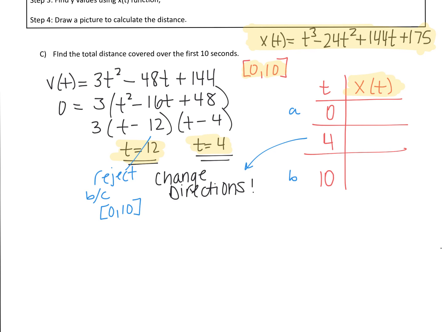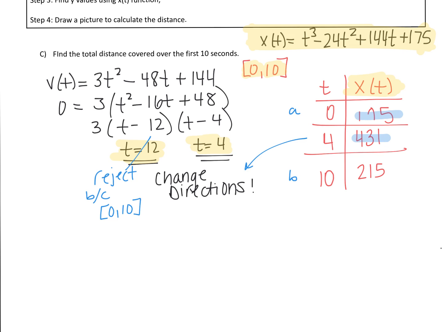Okay, so when x is 0, you should have gotten 175. When x is 4, you should have gotten 431. When x was 10, you should have gotten 215. So if you remember, standard position gives us the values of where they are on the horizontal line.